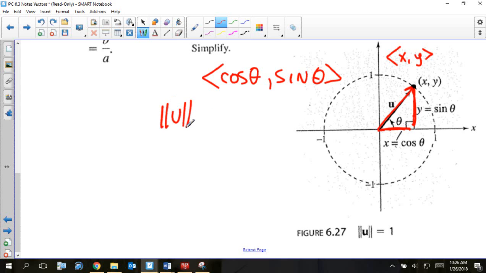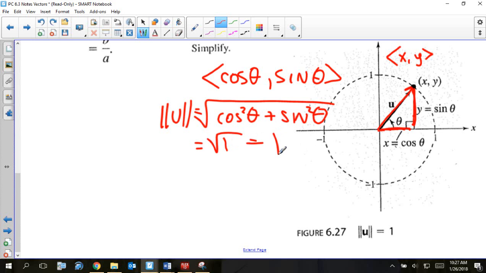How would we find the magnitude if we weren't sure? We would do the square root of cosine squared plus sine squared. And that sounds really familiar. Haven't we learned a property that says cosine squared theta plus sine squared theta is 1? Good. So you can see that the magnitude is 1.